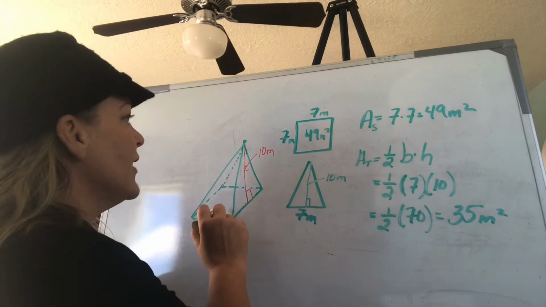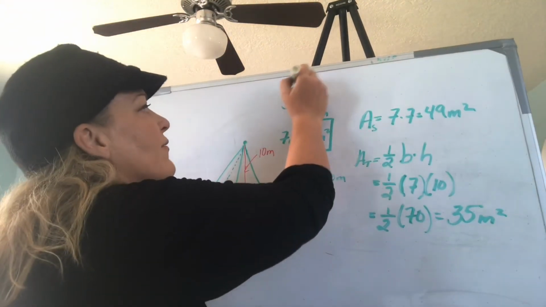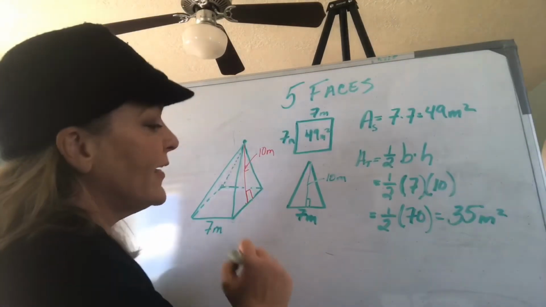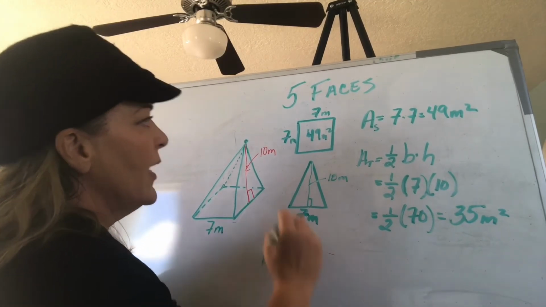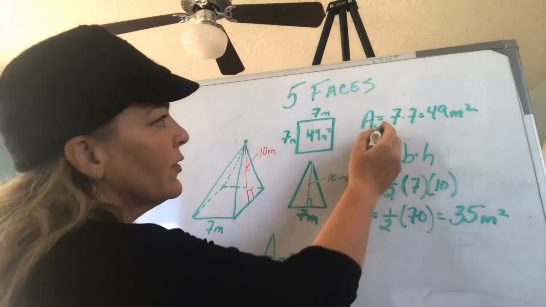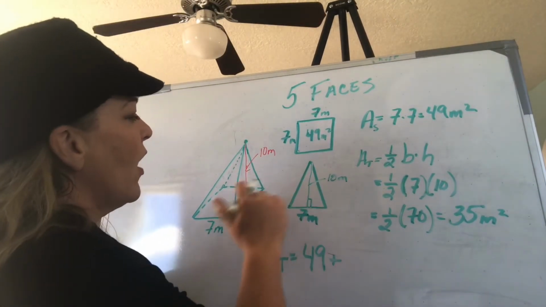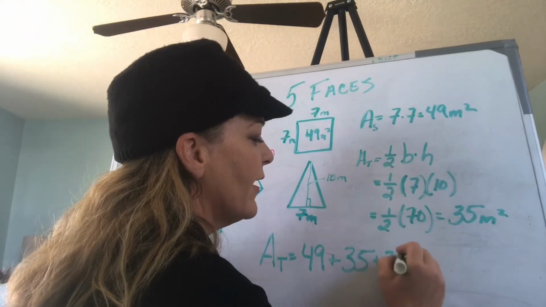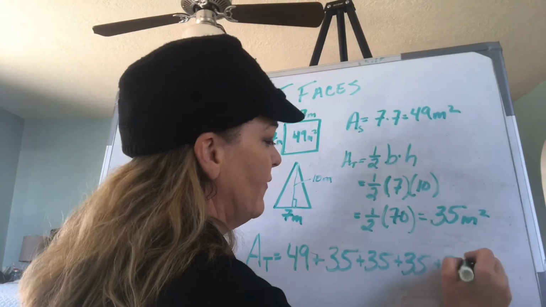Now I know for this I have 1, 2, 3, 4, 5 faces. I have 5 faces. So for surface area, I need to add up all 5 of these faces. So surface area total is going to be the area of this square, which was 49 meters squared, plus 35 plus 35 plus 35 plus 35, right?